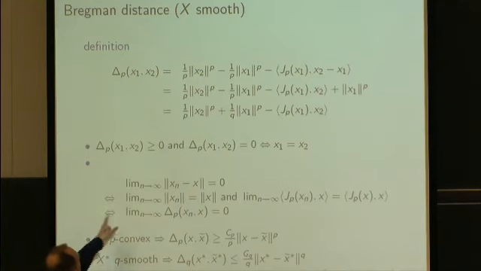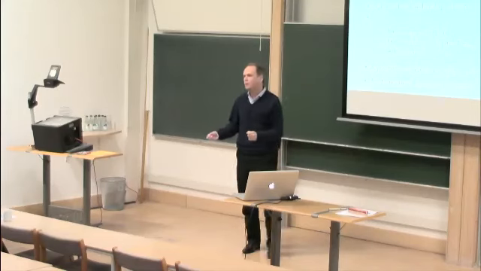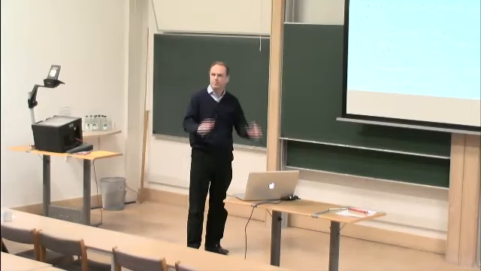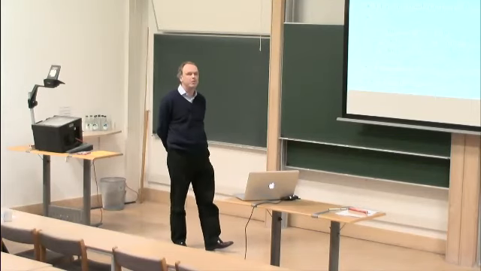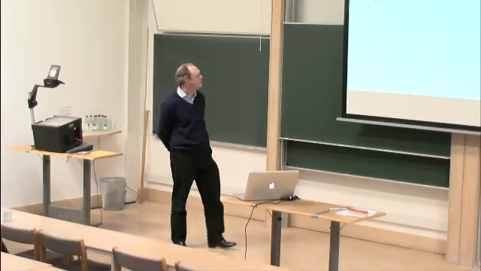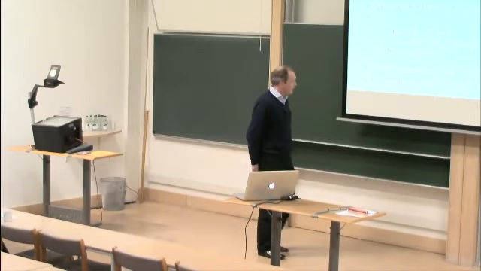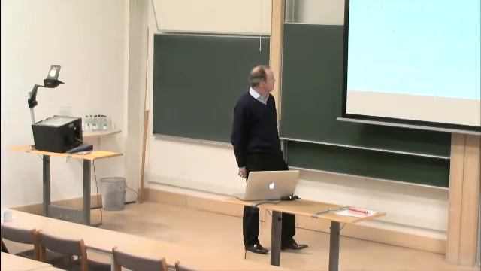So if you have a sequence that converges in norm, then it converges in Bregman distance and in the dual sense as well. So for all purposes of convergence of iterative techniques, this is a perfectly fine tool, even though it doesn't satisfy the triangle inequality. And so two constants now play a role that will reappear soon.